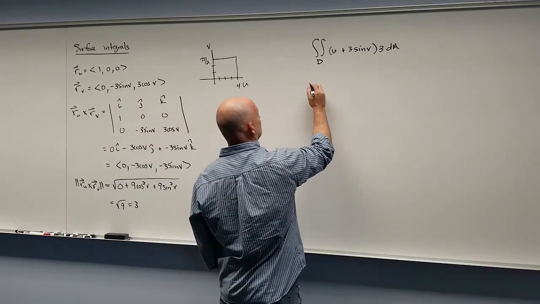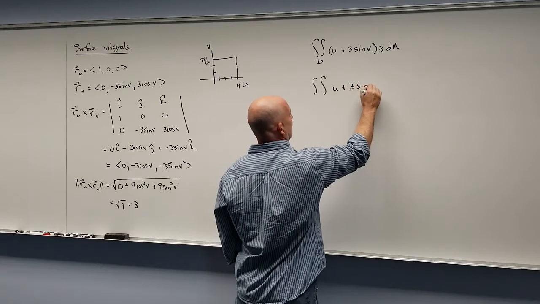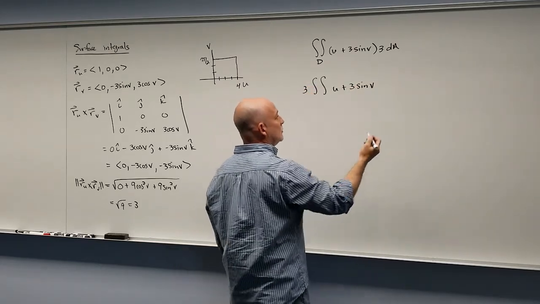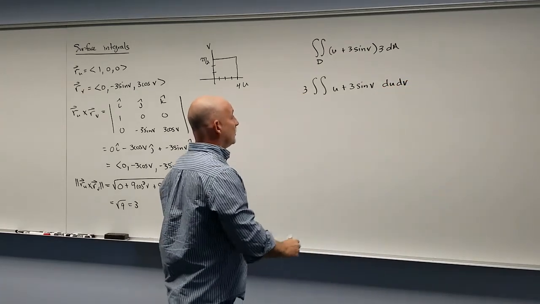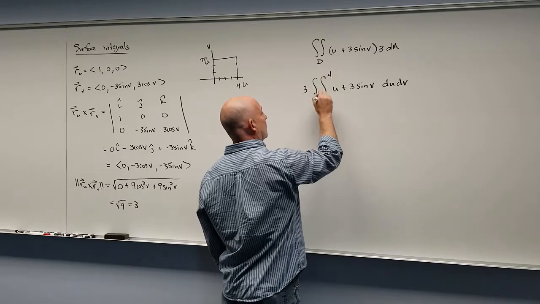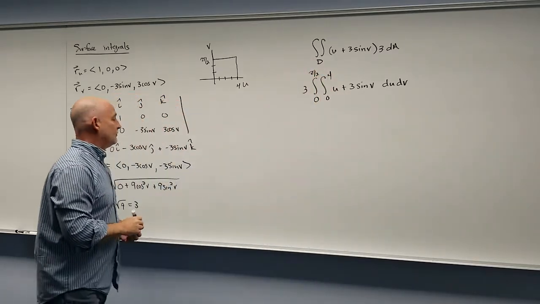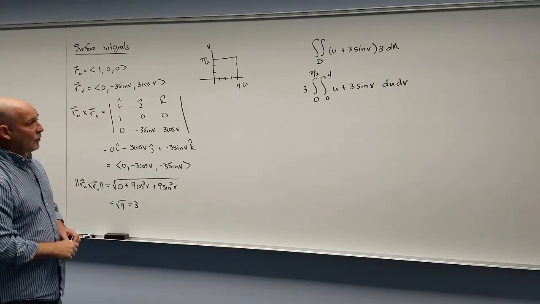So we're going to integrate u plus 3 sine v. There's our constant that comes out front. It doesn't matter if you do du dv or dv du, so I'm going to do du dv. We can see u goes from 0 to 4, v goes from 0 to pi over 2. So again, our bounds are very easy to figure out when we're doing this in parametric form.